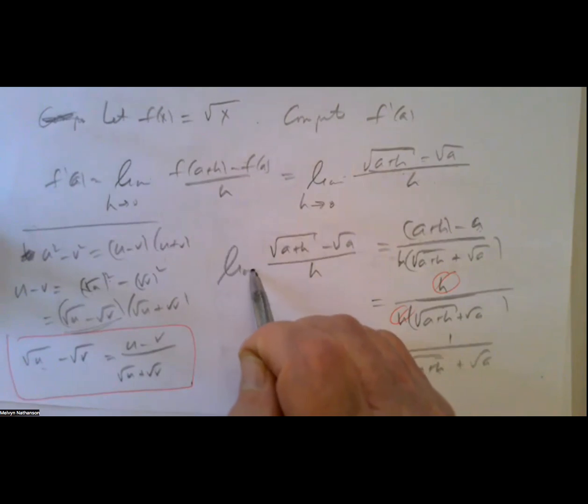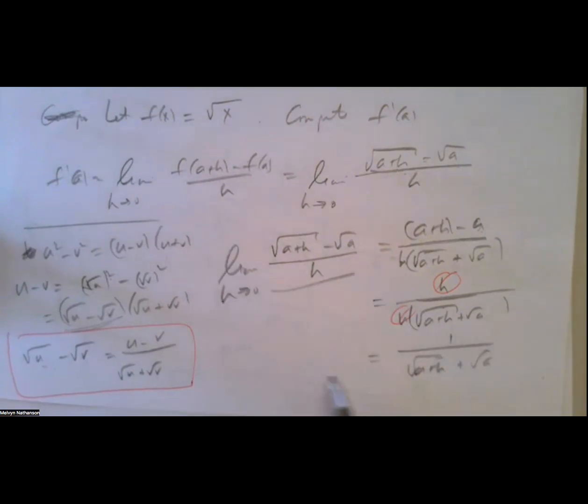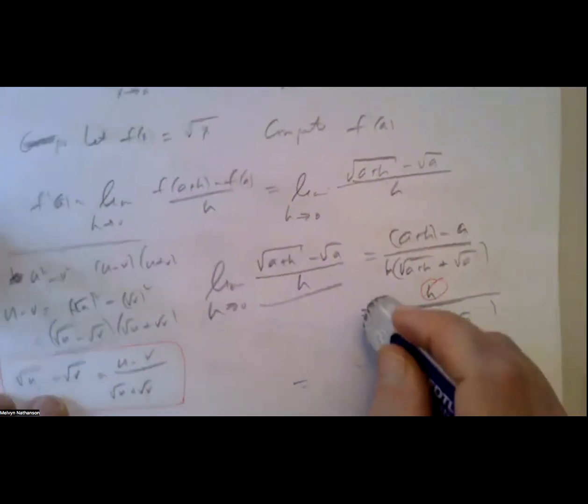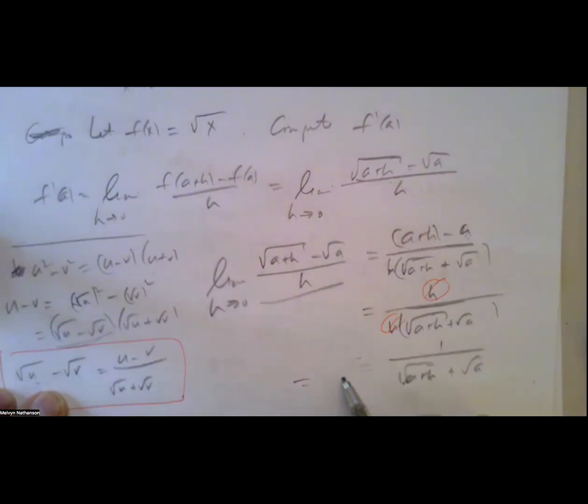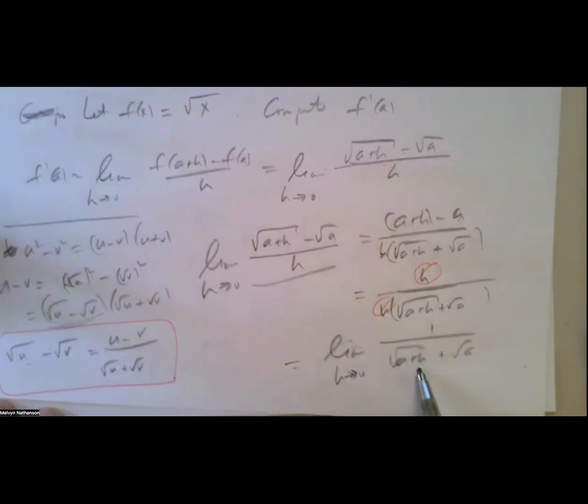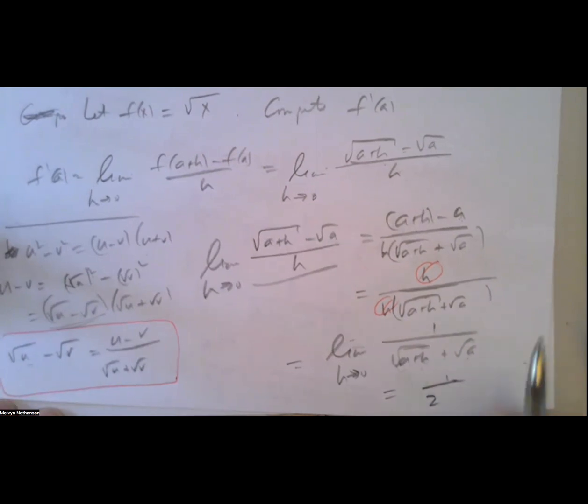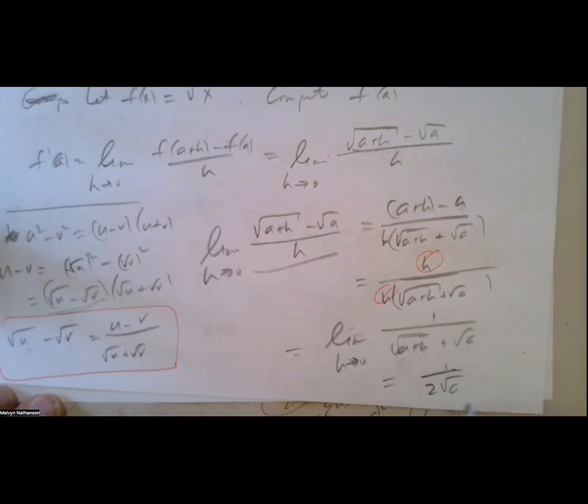So if I take the limit as h goes to 0 of this, that's the same as the limit as h goes to 0 of this. And as h goes to 0, a plus h approaches a. So this approaches the square root of a. So I have 1 over the square root of a plus the square root of a, and 1 plus 1 is 2. So I get 1 over 2 times the square root of a. And now, miraculously, I just calculated the derivative. That's really great.